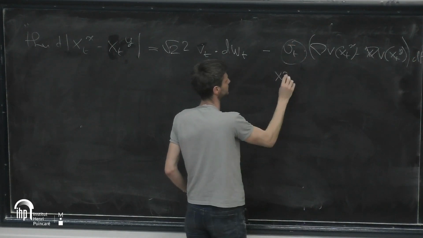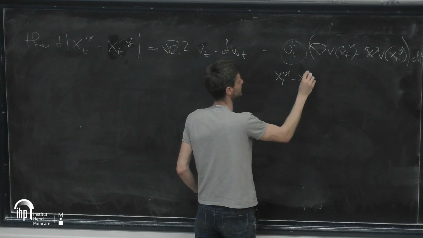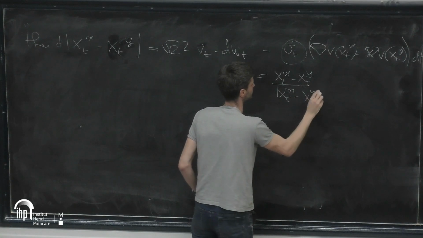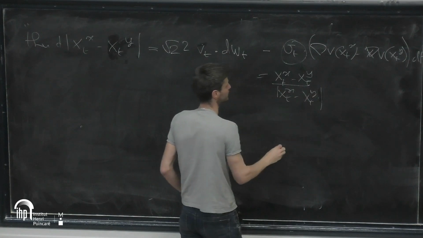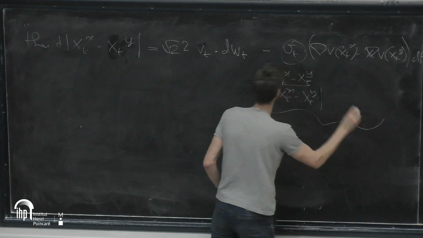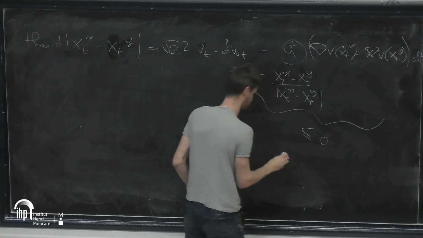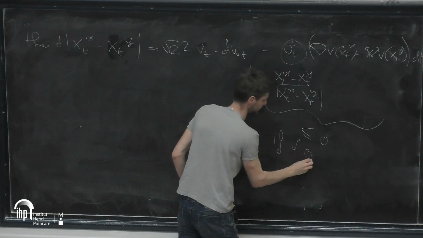And again, remember that this is Xt^x minus Xt^y divided by its norm. So this guy here, with the minus, is negative if V is convex.